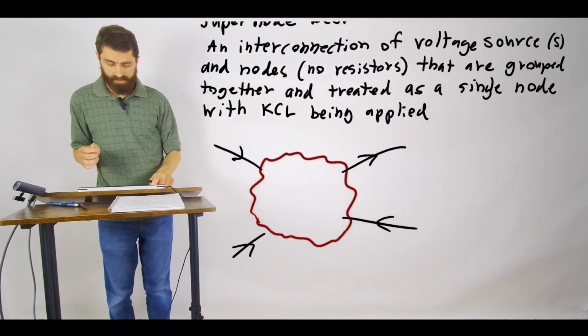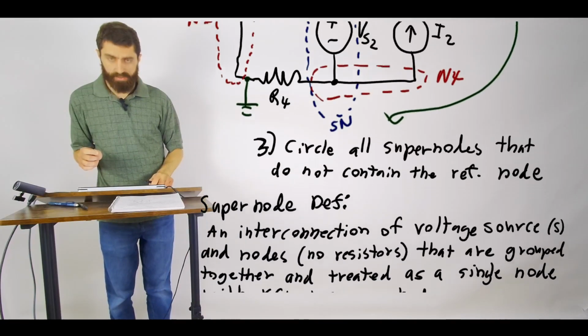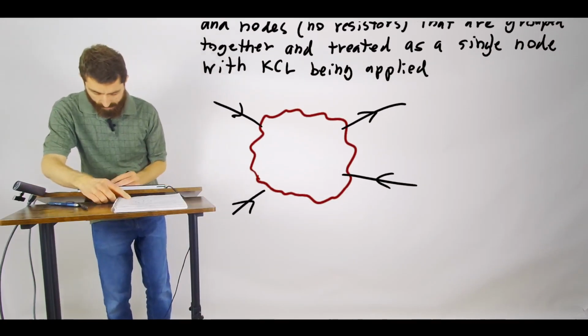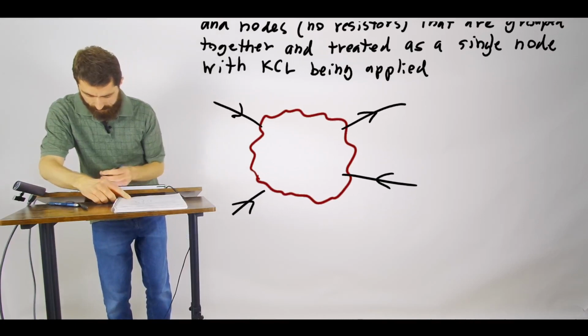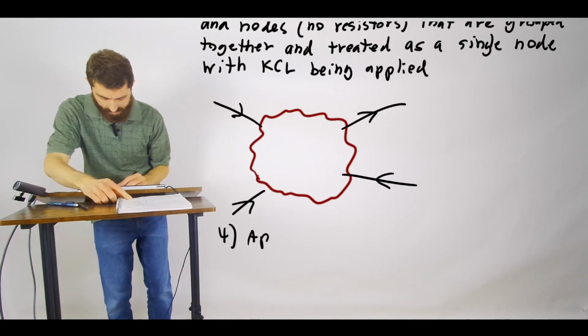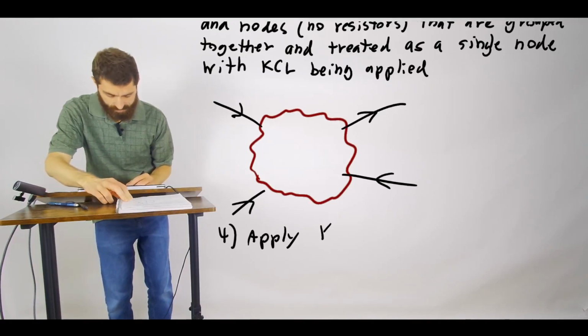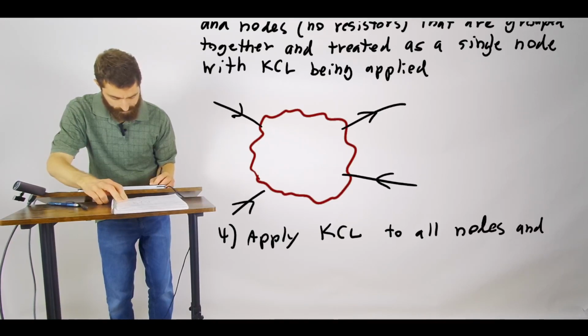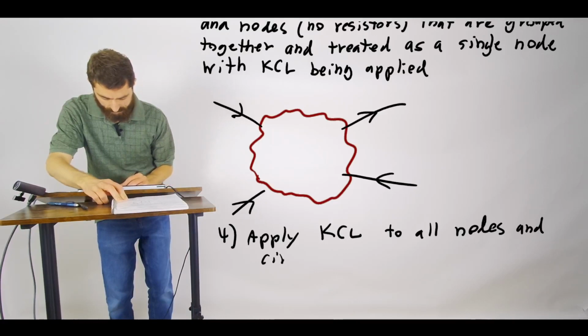So now that we've identified that, our next step, step 4 here, is apply KCL to all nodes and circled supernodes.